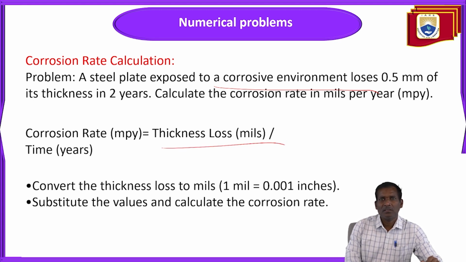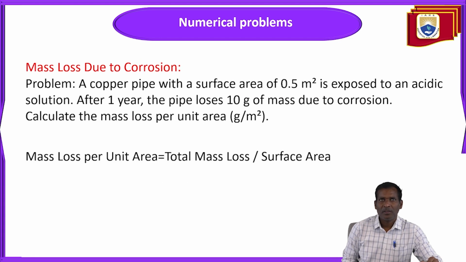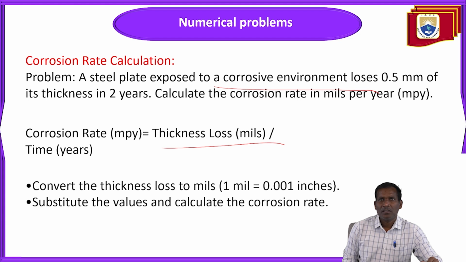thickness loss over time in years. Convert the thickness loss to mils; 1 mil is equal to 0.001 inches. Substitute the values and calculate the corrosion rate. Here we need to substitute the thickness loss.